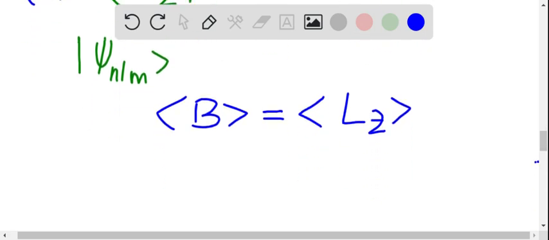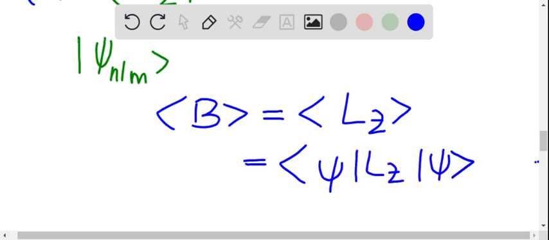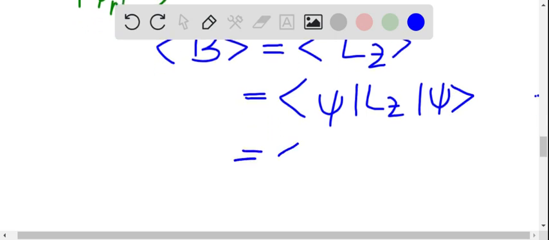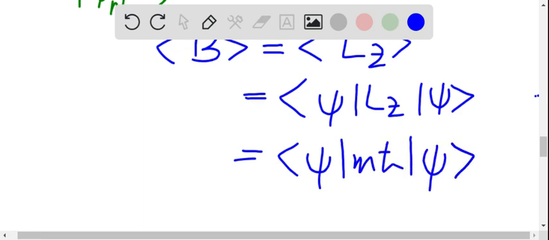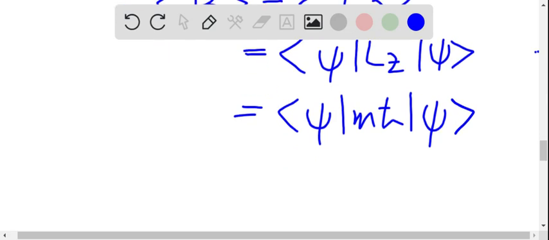Next we are going to write it in this form. So we have m h cross times psi, psi. As this is constant, we can write it outside.